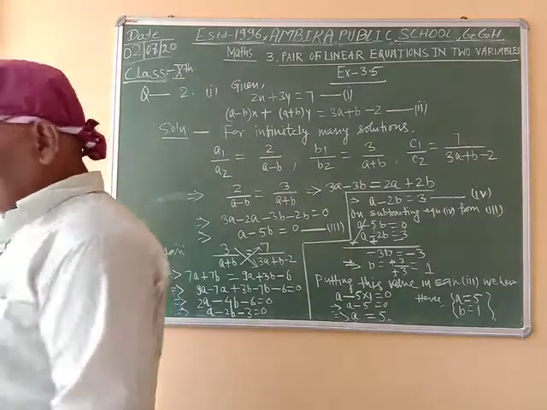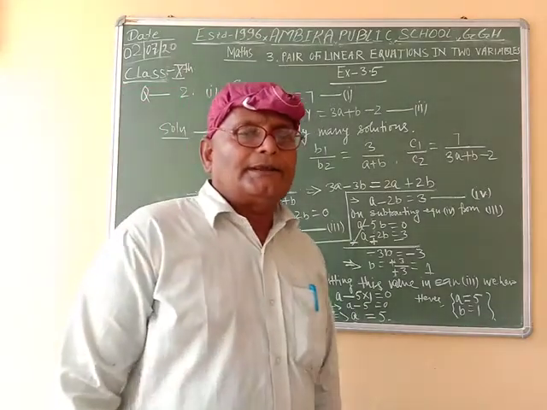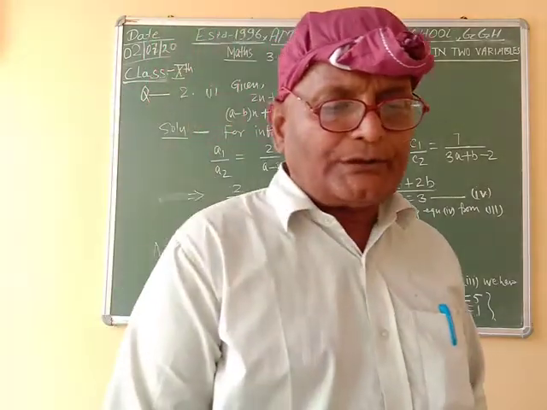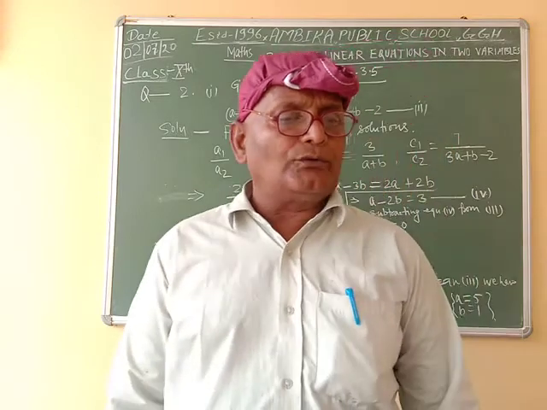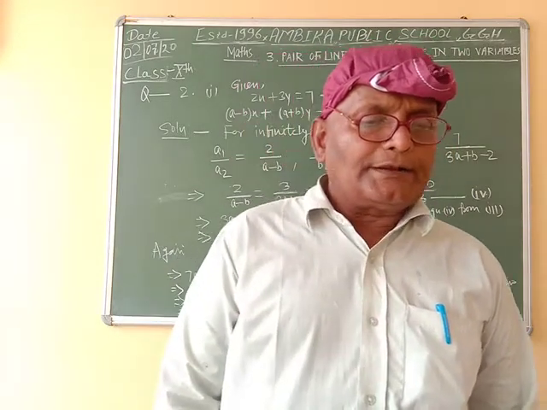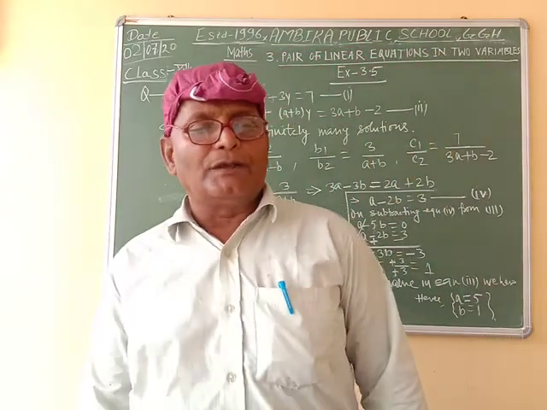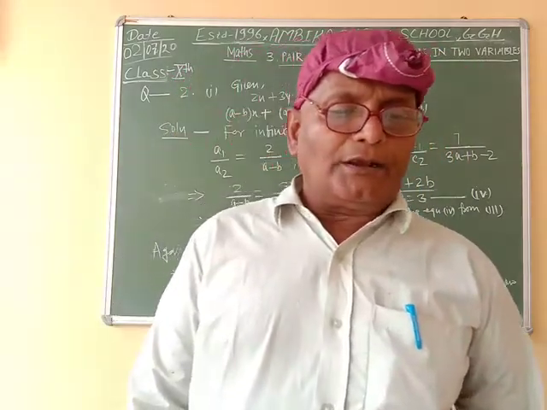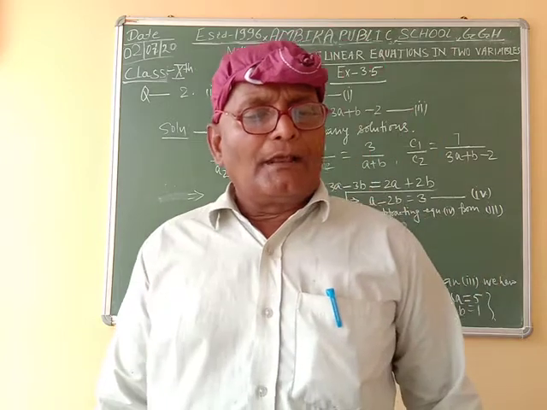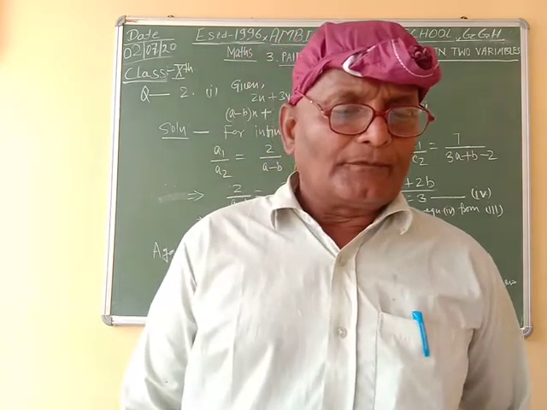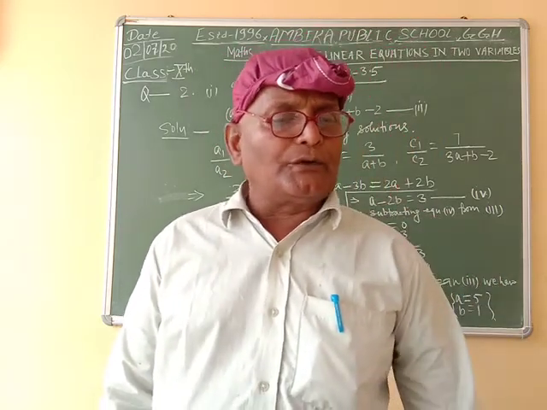You have learned that the equations have no solution if a1 by a2 is equal to b1 by b2 and not equal to c1 by c2. In this situation, the equations will have no solution.